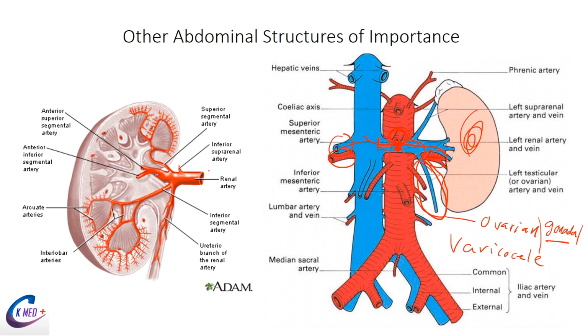Once we get into the kidney, the renal arteries and renal veins are the blood supply and drainage, but you also need to know a little bit more detail. This comes down to a little more histology than anatomy per se, but it is a very important concept. As you go through each of your terms, you're going to get to term 5 and have to review all this material.